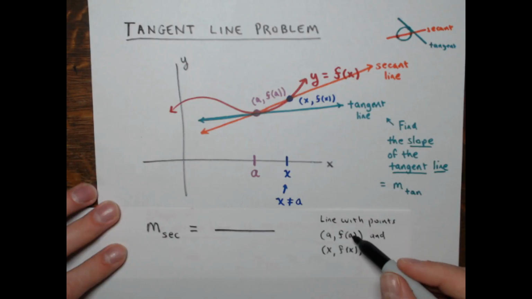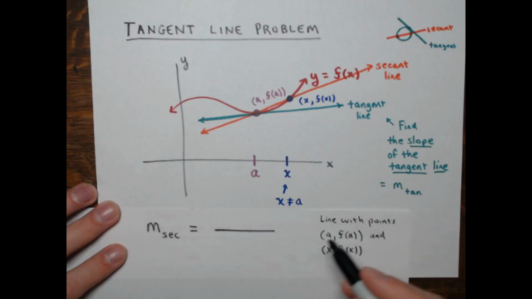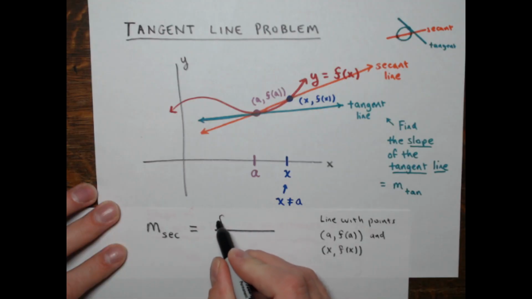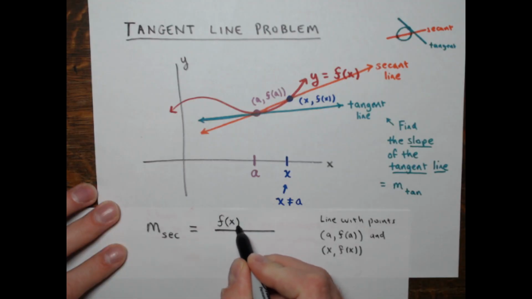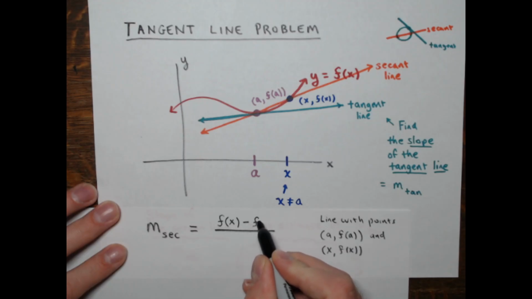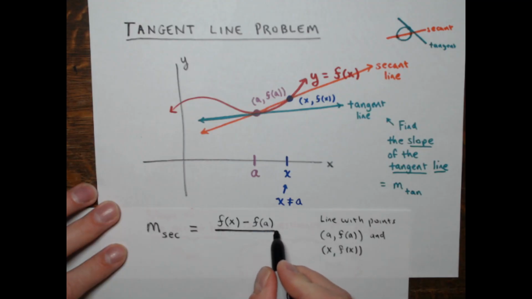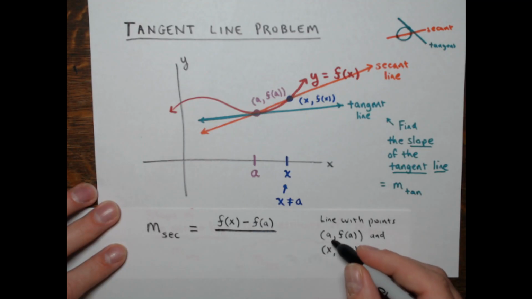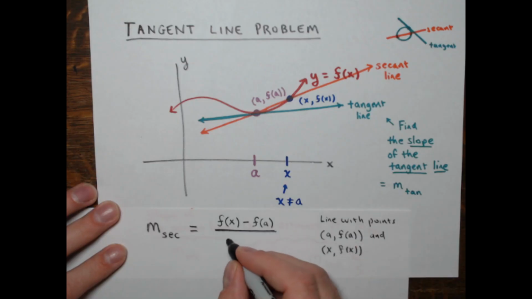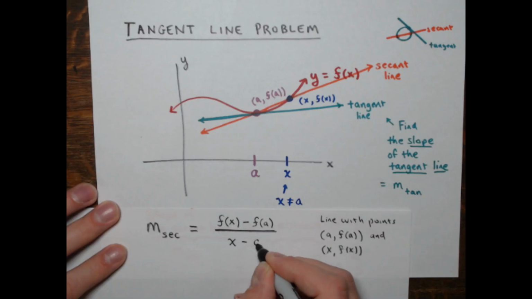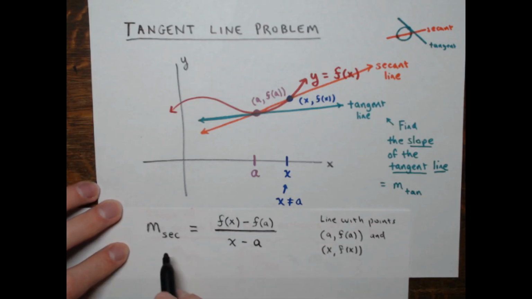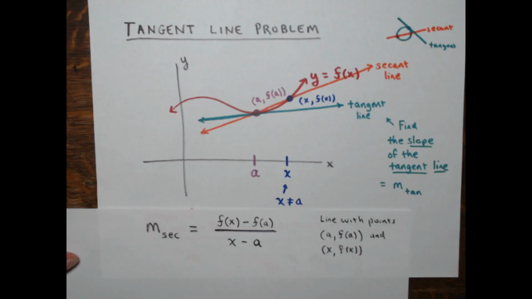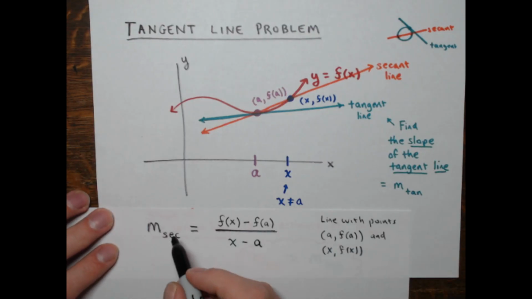So I take, remember, the change in y, subtract the y coordinates. That's going to be the numerator of the slope. So f(x) minus f(a), divided by the change in the inputs, the change in x, so x minus a. So this is one expression for the slope of the secant line.